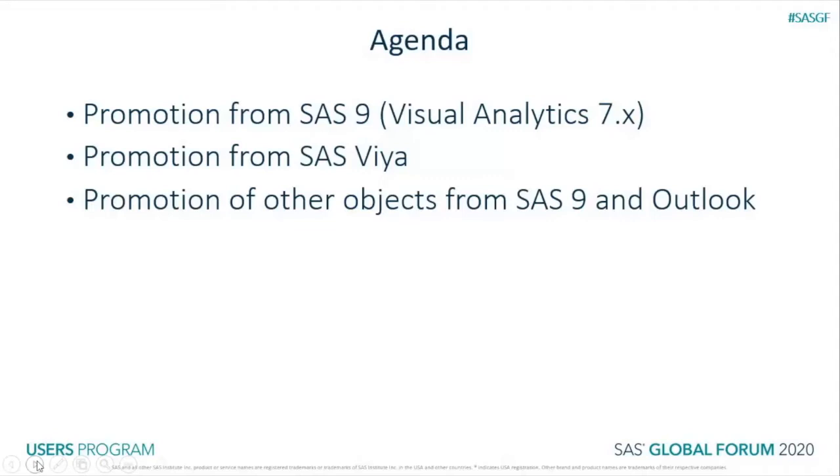In the second part, we are having a quick look at how the promotion from within one system on SAS Viya to another system on SAS Viya would look like. And the third part covers the promotion of other objects from SAS 9 and a small outlook on what R&D is currently working on. Let's get started.